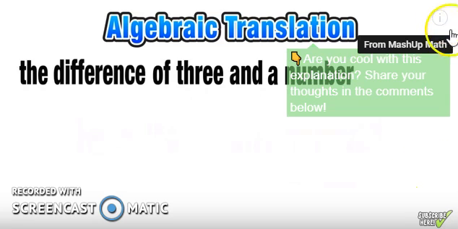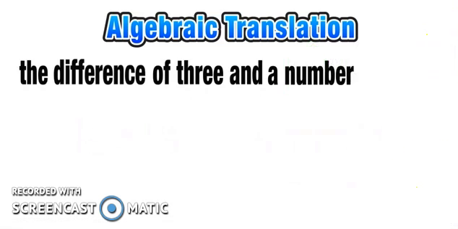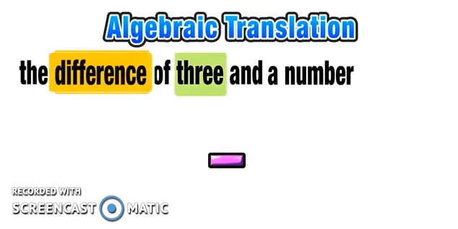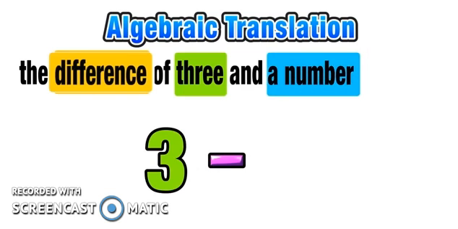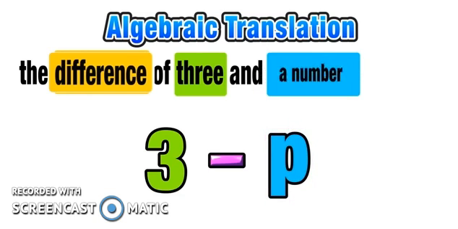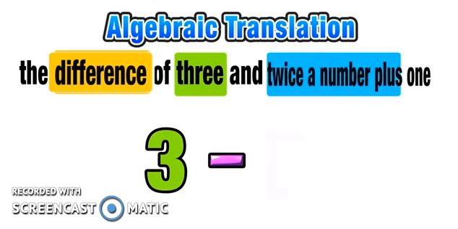Moving on now, if we have the phrase the difference of 3 and a number, we could easily translate this. Difference is subtraction, and we have 3 minus some number, we'll call it p, so 3 minus p would represent this phrase. But what if instead of the difference of 3 and a number, we had the difference of 3 and twice a number plus 1?